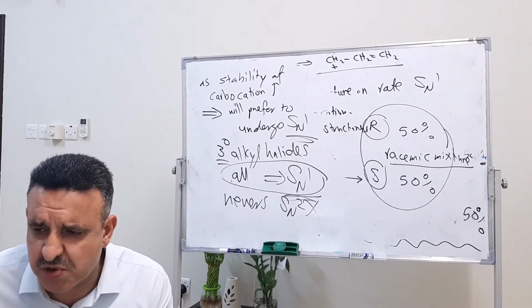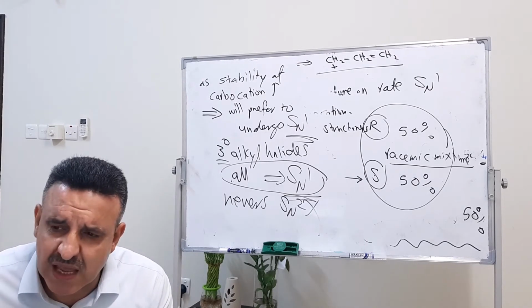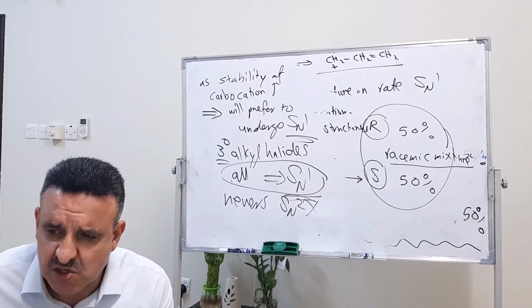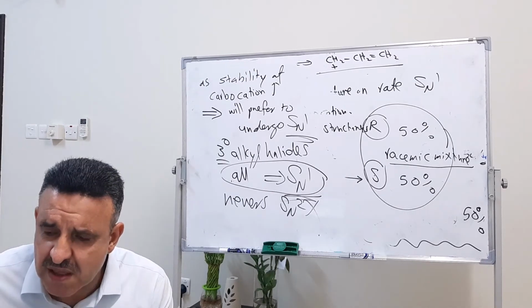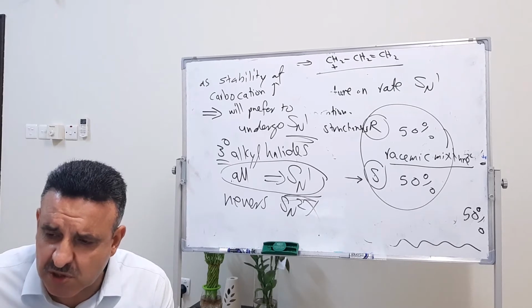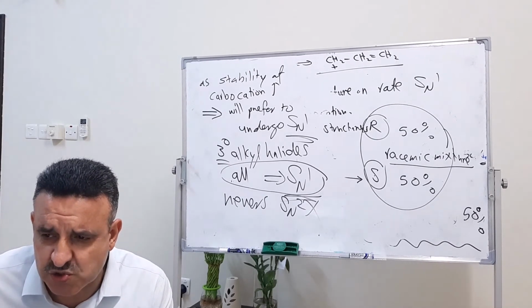Now you can see these are just allylic and benzylic. This is just to show you the breakage of the bond, how much the bond strength of each is. For example, this is a normal sp3 hybridized carbon to chlorine. All of them are sp3 hybridized carbon to chlorine. If you want to break this bond, we need 332 kilojoules per mole.